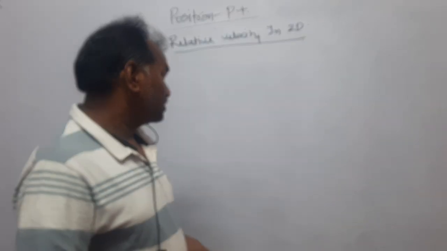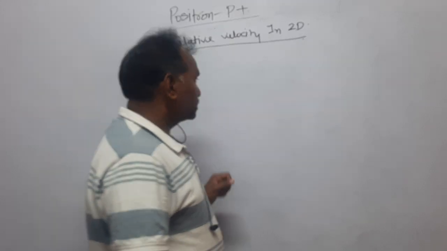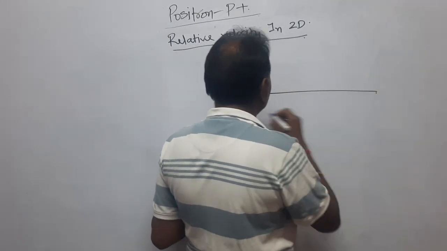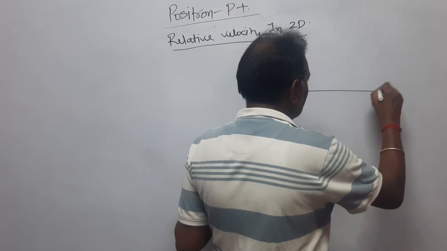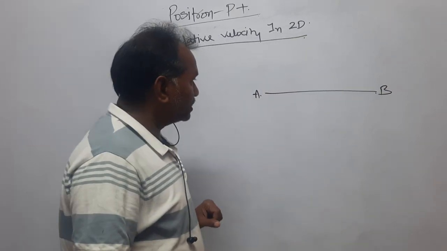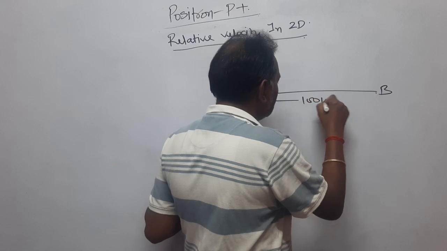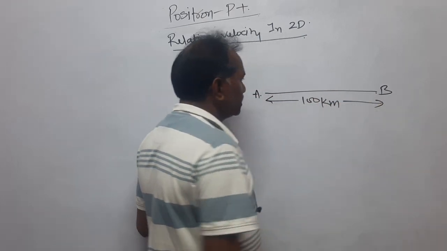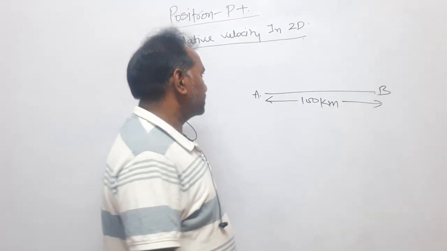Dear students, look here. Let the two vehicles be A and B, and they are 100 kilometers apart.